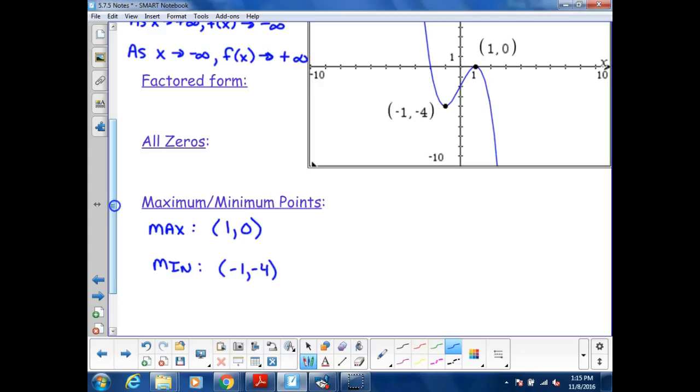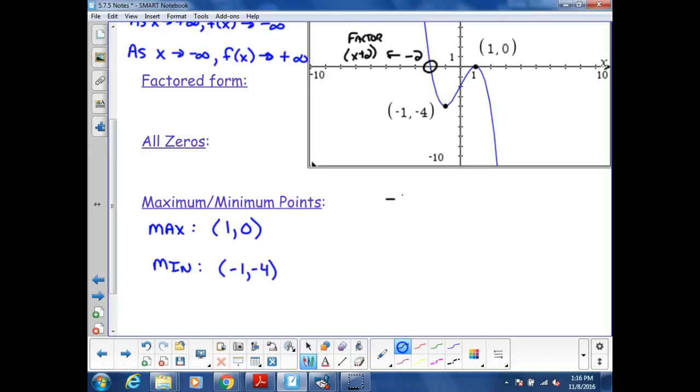Okay? Fantastic. Do I know any of the zeros? What do I know? -2 is a 0. So -2 is a 0, which means the factor then would be x plus 2.